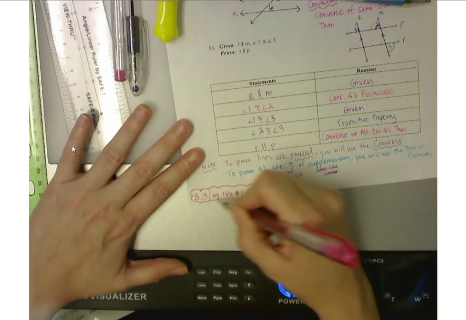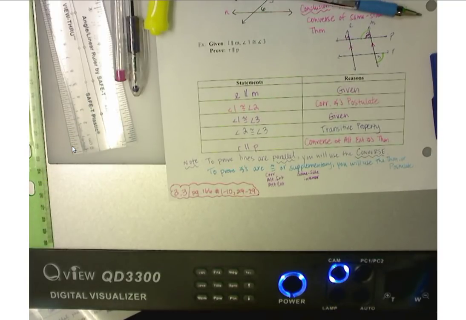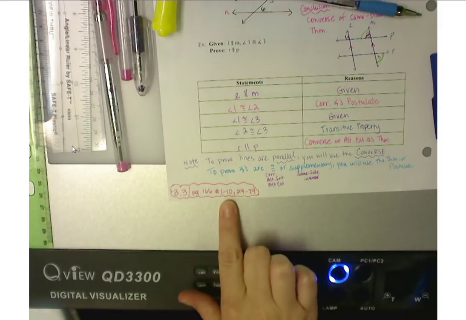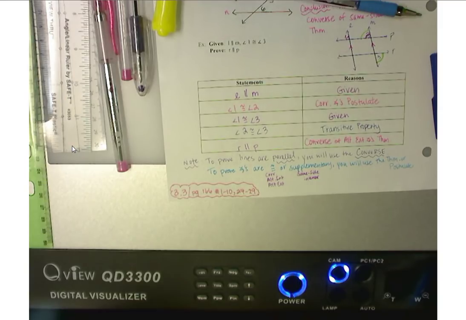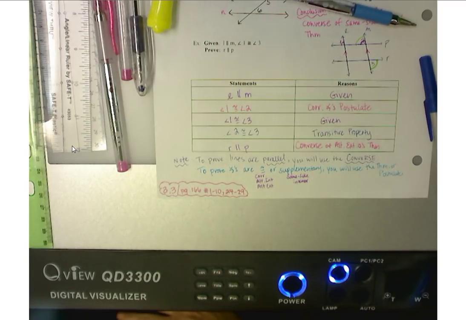All right, so your quiz over 3-1, 3-2, and 3-3 is going to be on Friday. So tomorrow we're going to go over your homework packet from today, and then I will give you time to work on 3.3. And then for tomorrow, you will, after you do your homework, you will check it and study for your quiz. All right, so if you have questions, email me, and there you go. Good job.